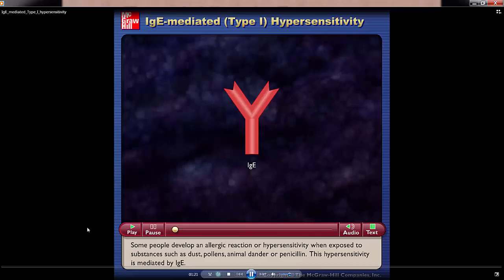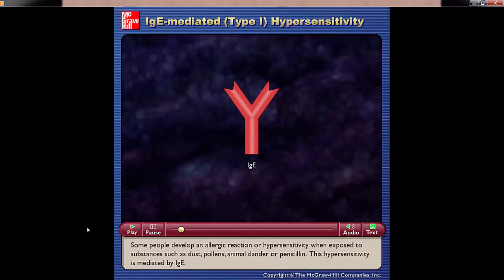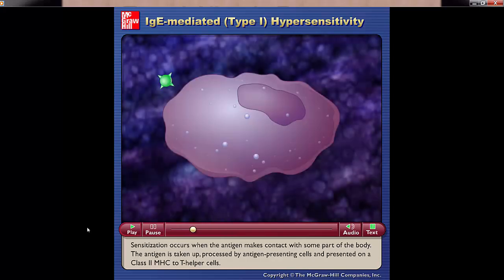Some people develop an allergic reaction or hypersensitivity when exposed to substances such as dust, pollens, animal dander, or penicillin. This hypersensitivity is mediated by IgE. Sensitization occurs when the antigen makes contact with some part of the body. The antigen is taken up, processed by antigen-presenting cells, and presented on a Class II MHC to T helper cells.